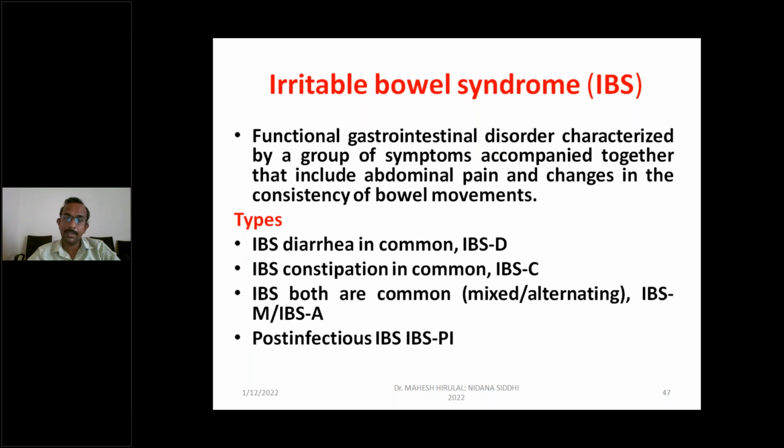So according to that, they are classified as IBS diarrhea common, IBS constipation common, IBS both are common, and post-infectious IBS.